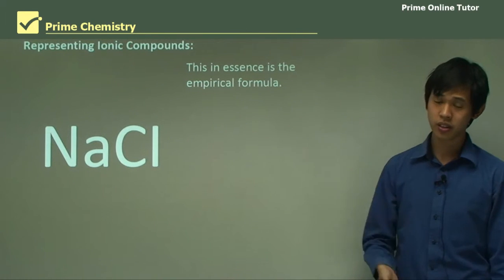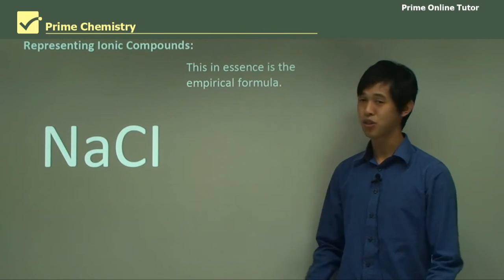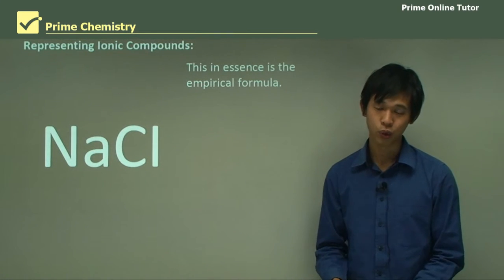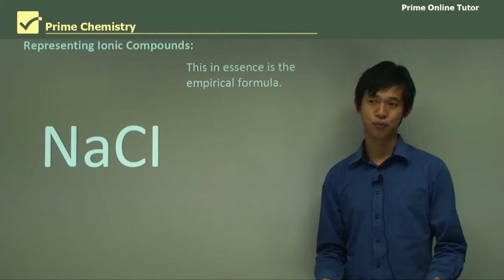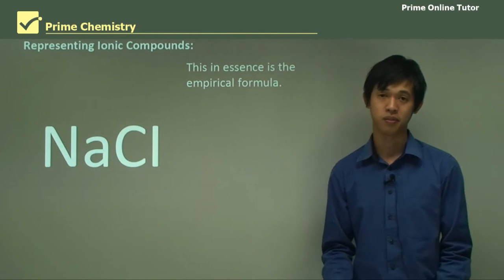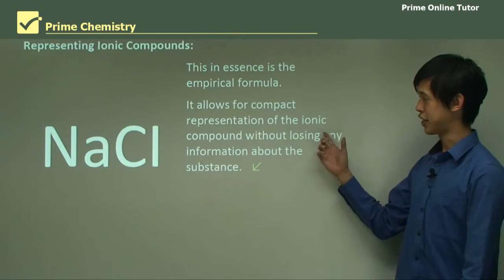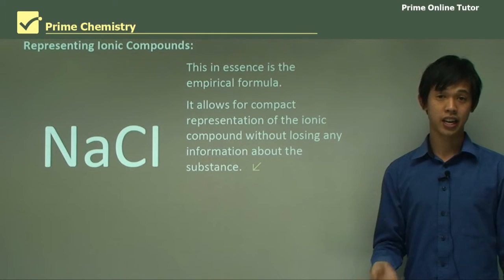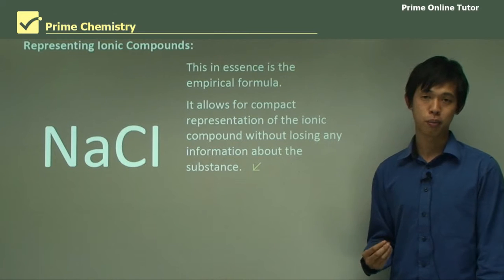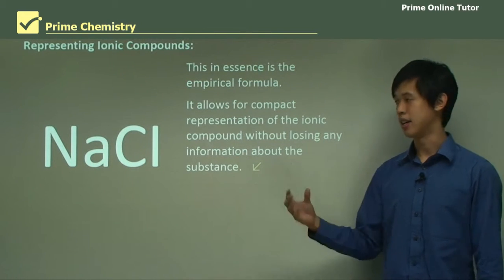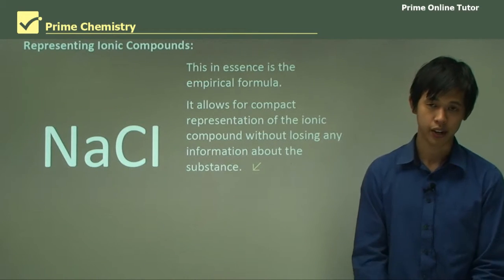And when we look at those naming conventions and all that stuff that we talked about before, the simplest ratio, we call that an empirical formula. So that's what we do with ionic compounds. We just form them as empirical formulas. Okay? It allows for a really compact representation of the ionic compound without losing any information about its structure. So it's probably the only time when empirical formulas are the preferred method, with some exceptions, of representing ionic compounds.